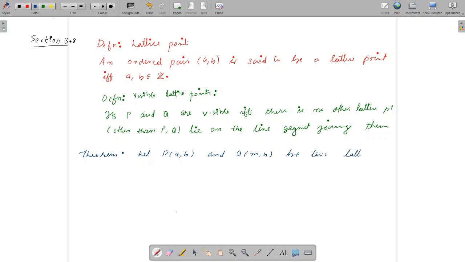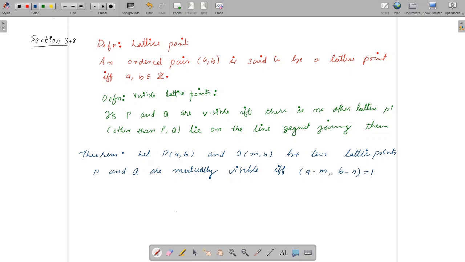Then P and Q are mutually visible if and only if GCD of a minus m comma b minus n equal to 1.